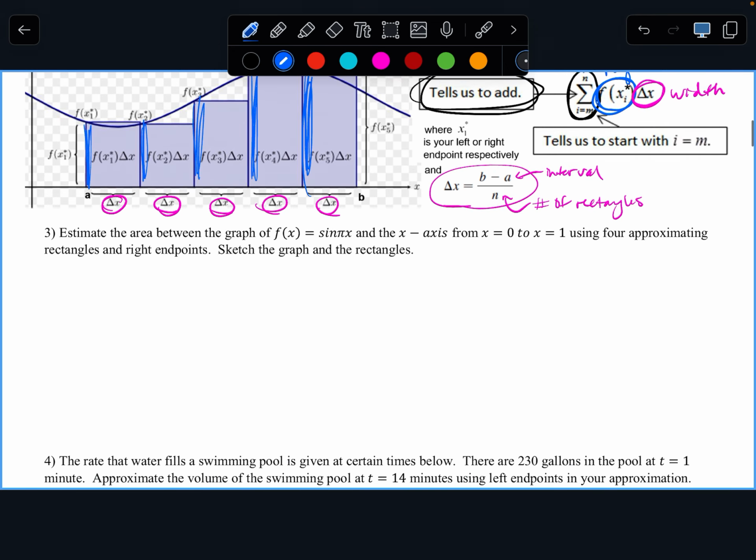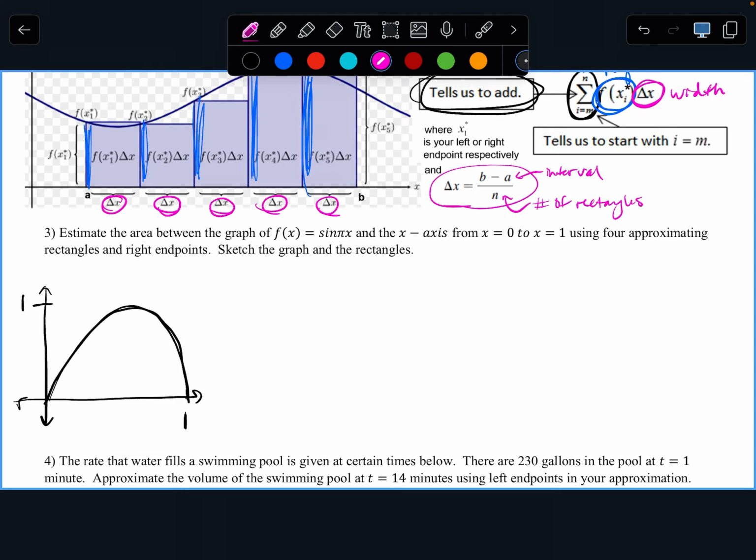The function is sine of pi x. I don't want to deal with how that's going to look, but if I were to graph this, it's just this guy, altitude is 1, and then I would hit a 0 at 1.